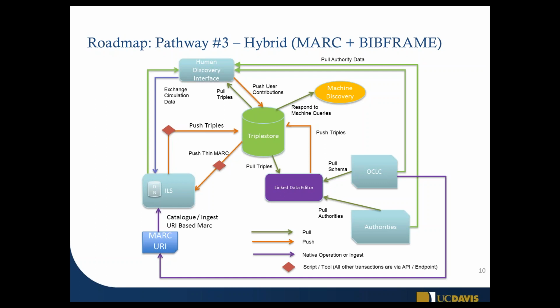So from a cataloging perspective, and as a manager, I see the value of this particular ecosystem being very helpful for my operation in two ways. One, I can have my catalog gradually move away from MARC as the environment is a little more ready and the infrastructure is better. And at the same time, I can keep my production going.